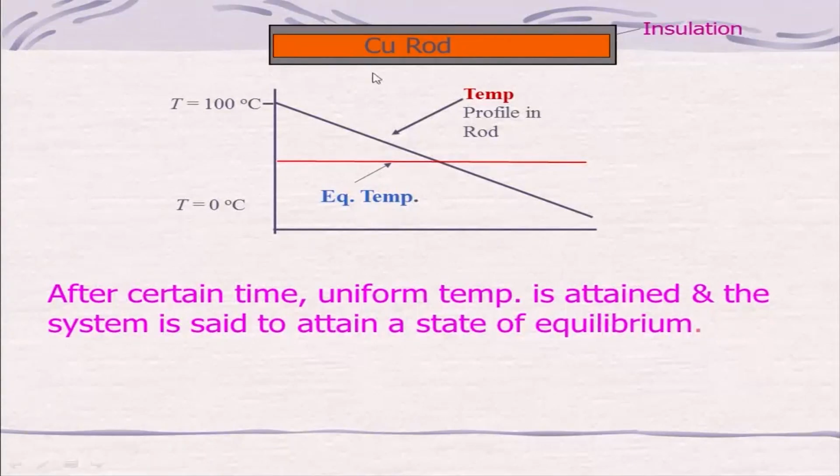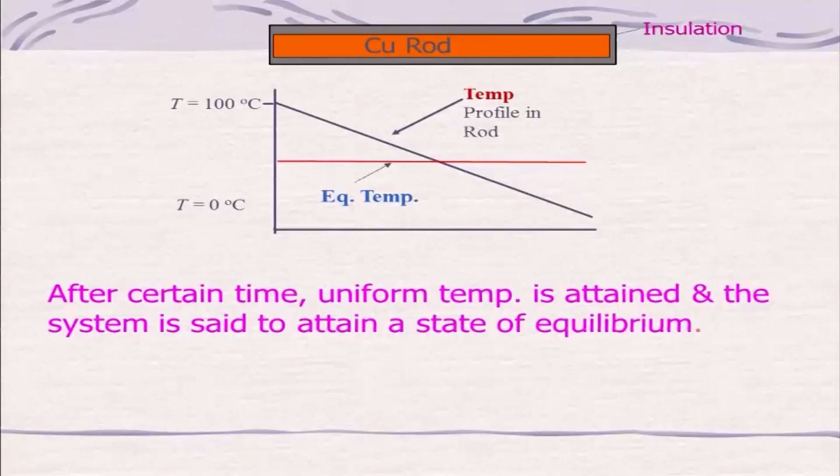Are you getting my point? What I am trying to say? Now what I will do is take this copper rod and insulate it and allow it to homogenize. That means the temperature will become some average temperature, a uniform temperature, and the system is said to attain equilibrium.